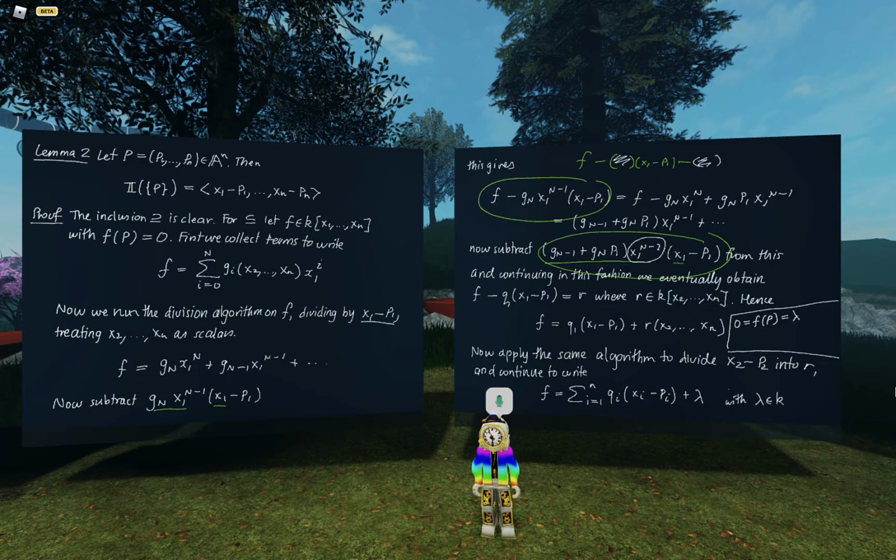Okay, so lambda is 0. That means that looking at this expression here, I've shown that f belongs to that ideal. So I'm done.